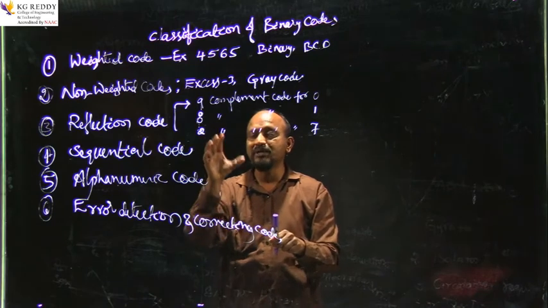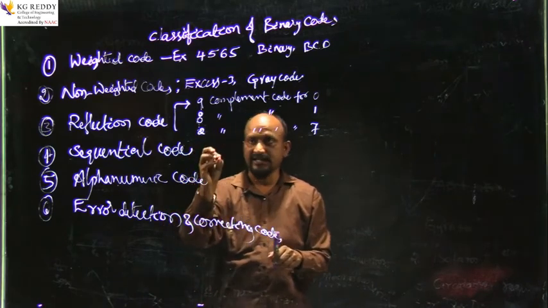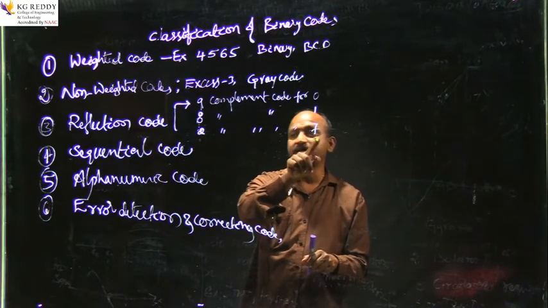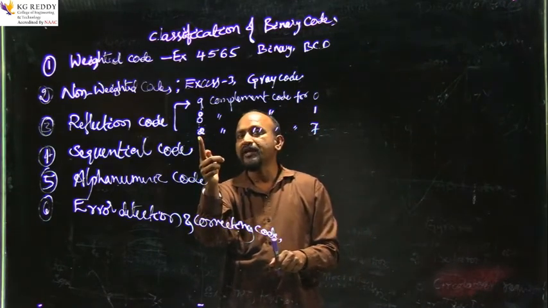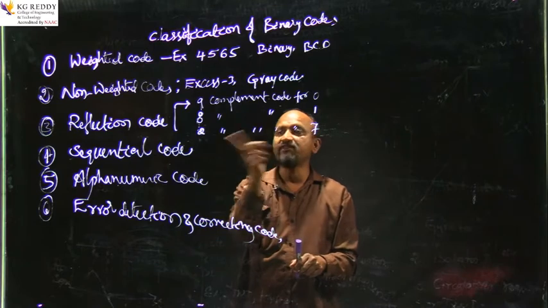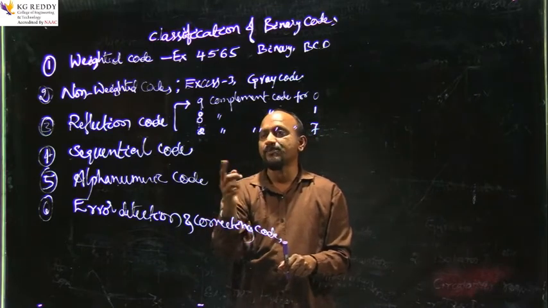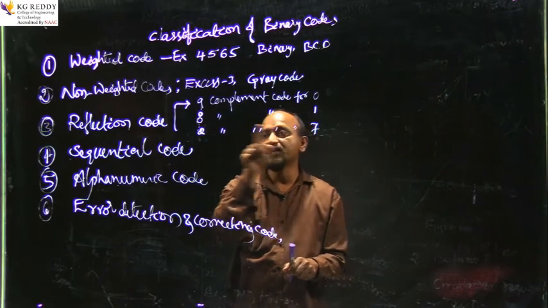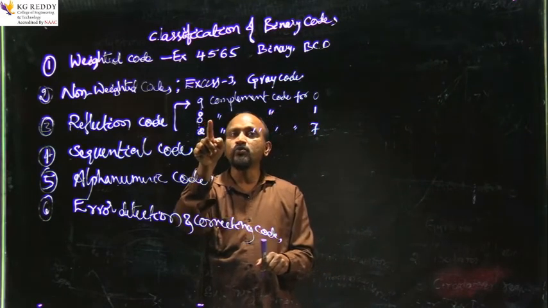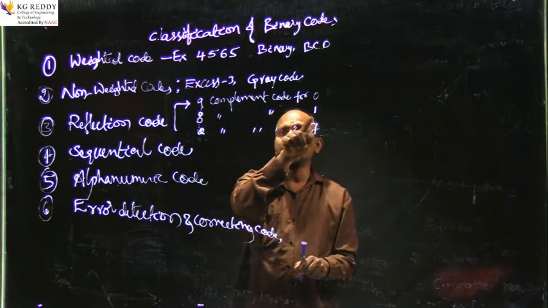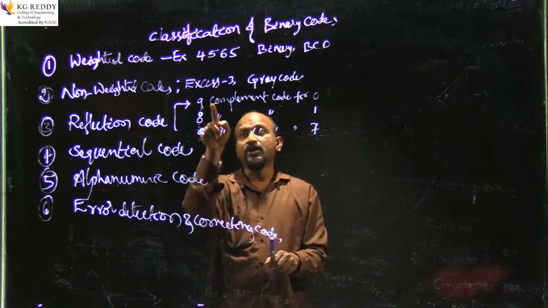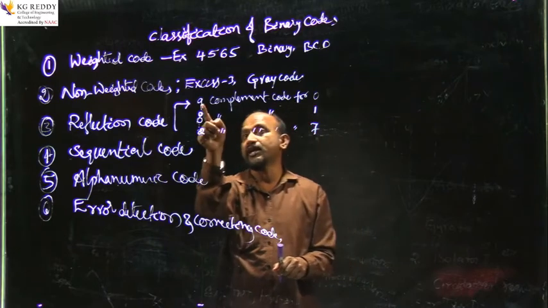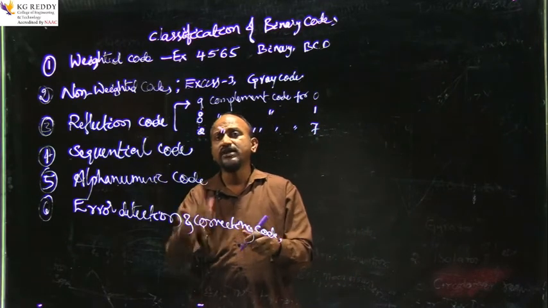In the decimal number system, the maximum digit is 9, so 2 plus 7 is 9. The complement of 7 is 2, and the complement of 2 is 7. These two are reflective of each other. Similarly, the complement of 8 is 1 and of 1 is 8; of 9 is 0 and of 0 is 9.